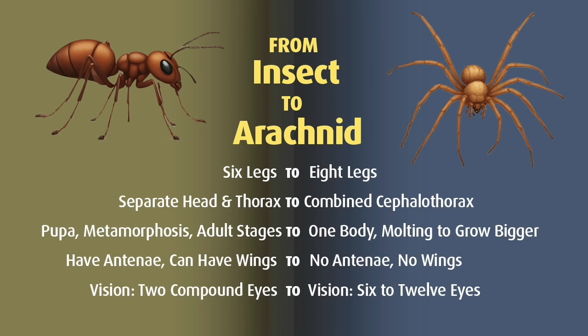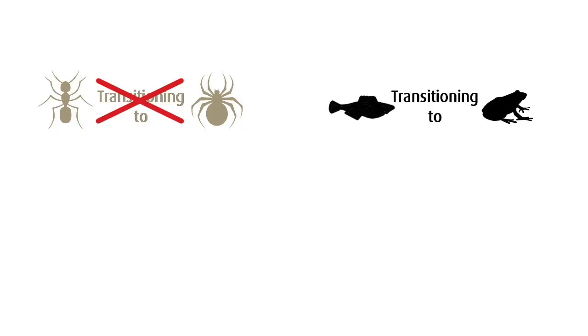Insects have 2 compound eyes, and arachnids have 6 to 12 eyes of a different kind. So there's a lot of differences between insects and arachnids. And nowhere in the fossil record do we have anything that is a transition from insect to arachnid. Nowhere.